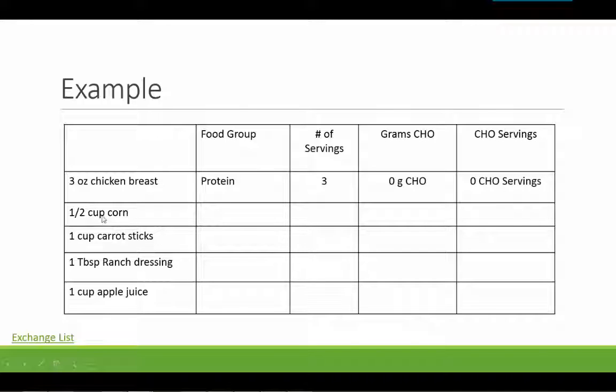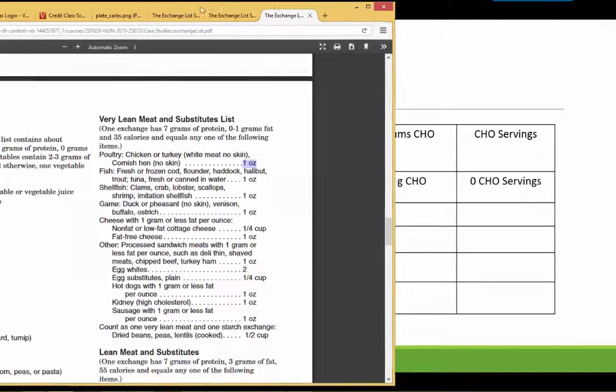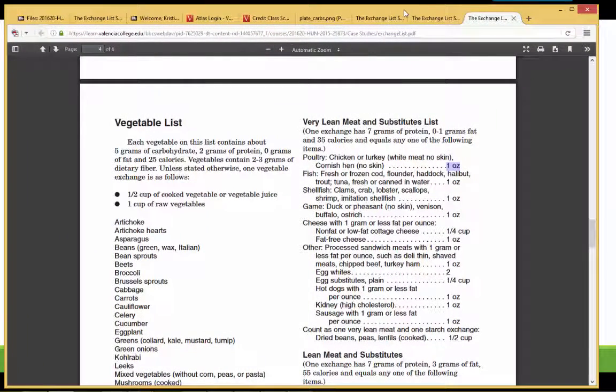So let's now go to the 1/2 cup of corn. Corn, the first thing we need to identify is what food group it falls into. Well, this is one of those starchy vegetables, so it would be considered a starch group. So we go to the exchange list to determine the number of servings.